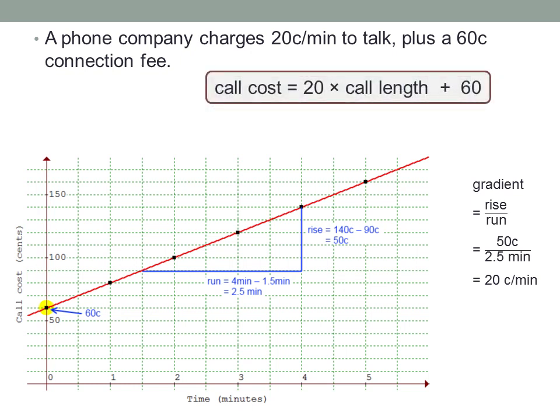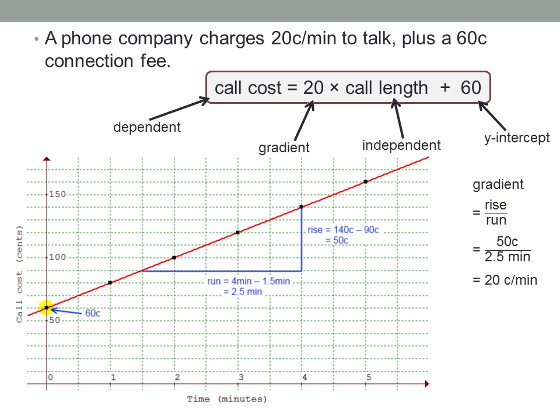Have another look at the equation we wrote earlier. The call cost is 20 times the call length plus 60. Look again. The dependent variable is equal to the gradient times the independent variable plus the y-intercept. This is always the structure of an equation that represents a linear relationship.